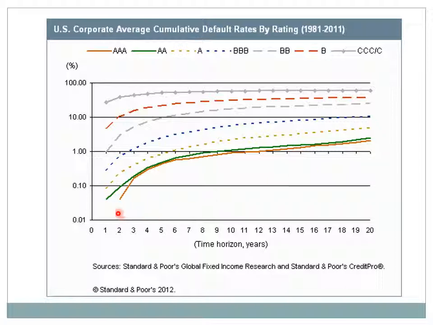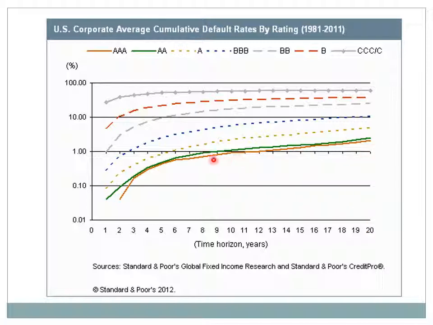And then AA rated firms, that's your green line. Here you're at just slightly over 1%, maybe roughly 3% of your AA rated bonds default within 20 years after they were issued.